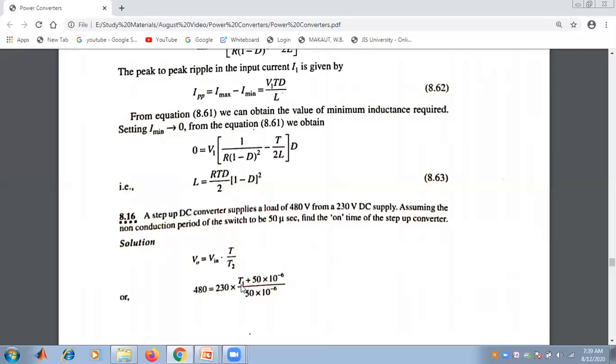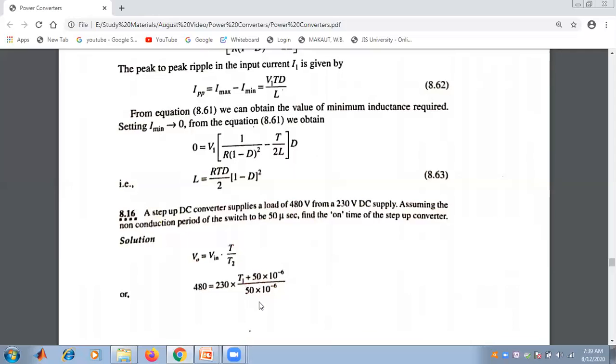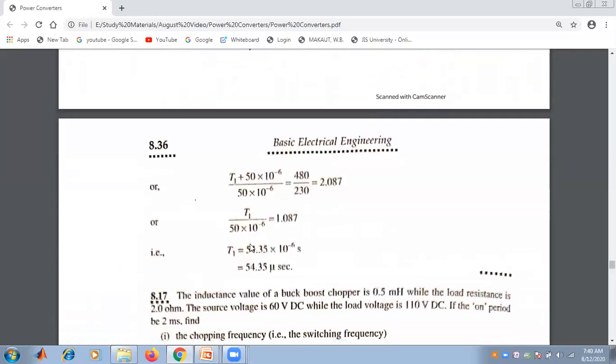So we can write T1 plus off time, that is 50 into 10 to the power minus 6, divided by 50 into 10 to the power minus 6. From that equation we find the on time T1 is equal to 54.35 microsecond, that is the on time of the step up converter.